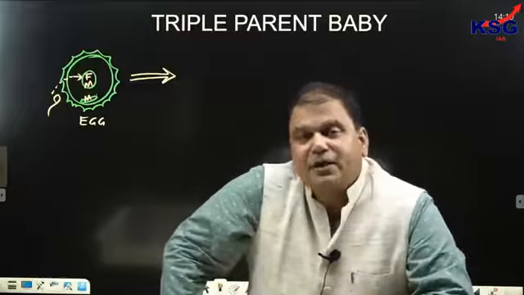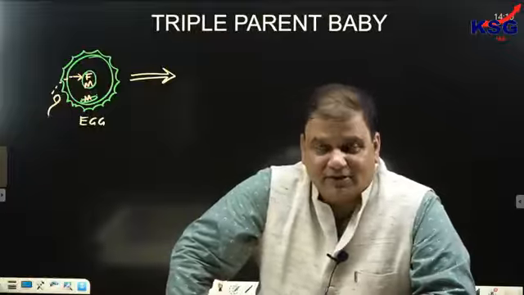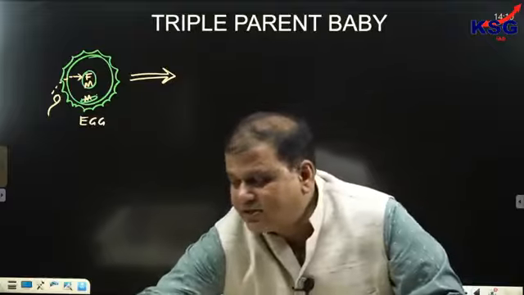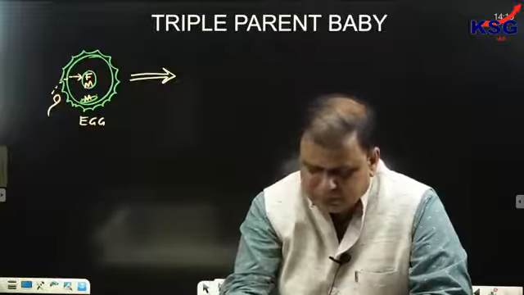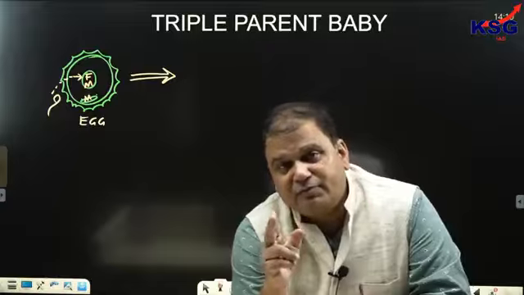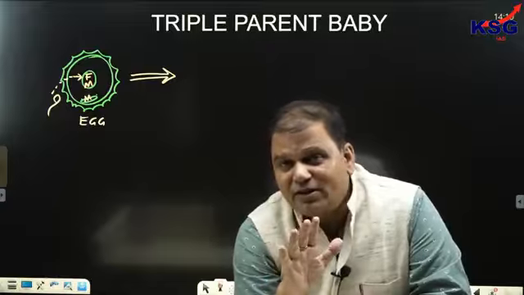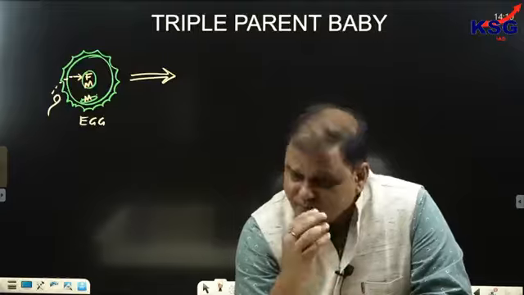So if the mitochondrial DNA is dysfunctional and associated with diseases, what will happen? The disease would be transferred from the mother to the child. Clear? The disease is getting transferred from the mother to the child.